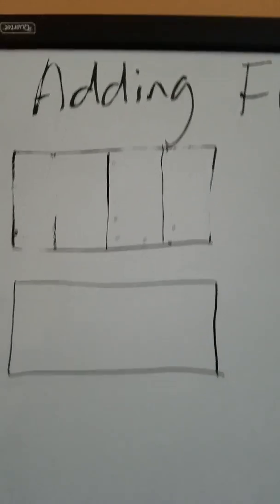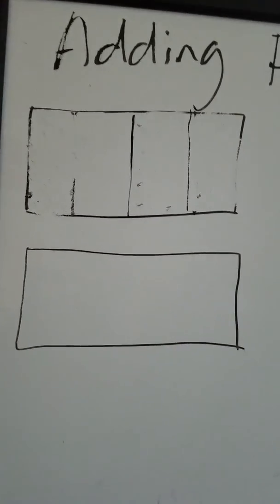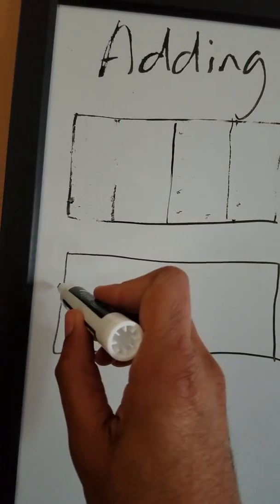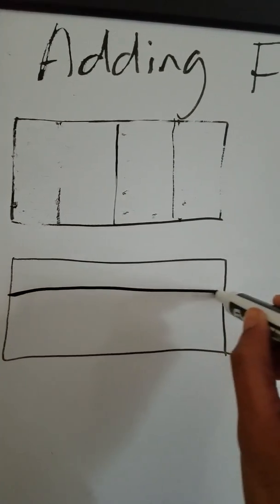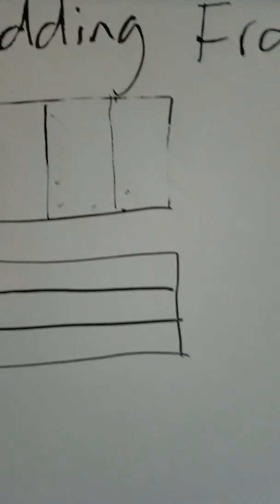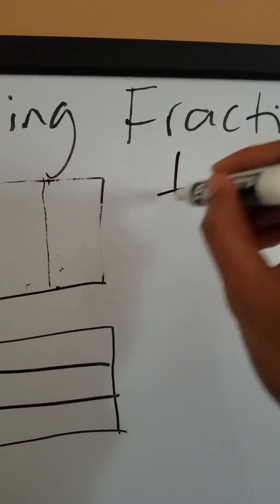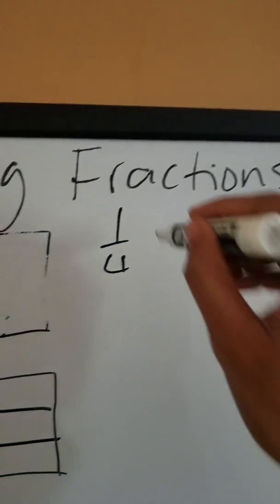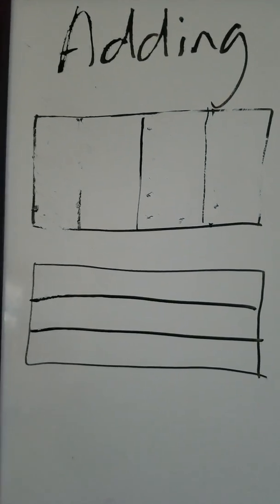Doesn't look like it in my picture, but again, forgive me, it's not really drawn to scale. And let's say I want to slice this one into thirds. And now, actually, maybe we will color it. Let's say I wanted to add 1/4 and 1/3 of the candy bar.